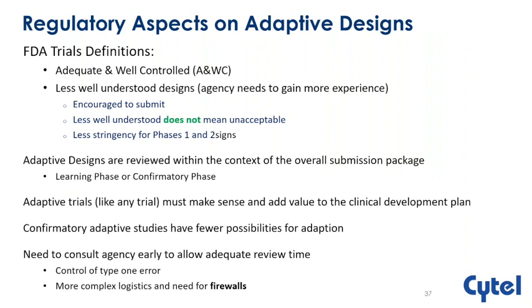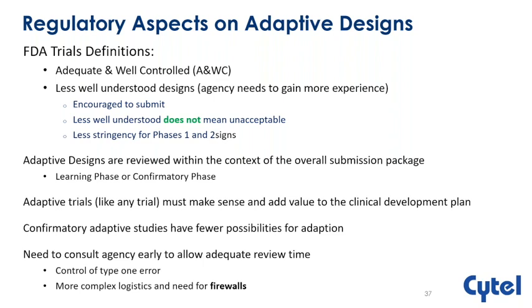So now a brief slide on regulatory aspects. The FDA has a guidance on adaptive designs, and it classifies them into adequate and well-controlled trials or adequate and well-understood adaptive trials.